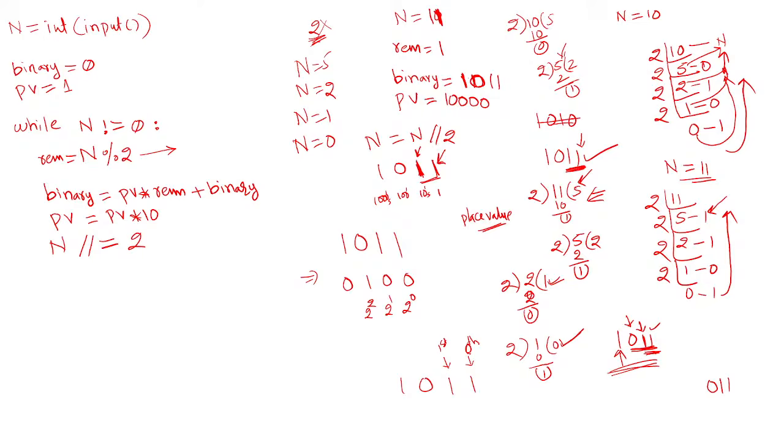Bit positions start with 0: 0th bit, first bit, second bit position, third bit position. The bit positions we give from 0 onwards. So how will you get the result here? You multiply with the powers of the bit position: the first bit position is 0, so 2 power 0; next bit position 1, 2 power 1; next bit position 2, 2 power 2. You are multiplying each bit with the power of its bit position.